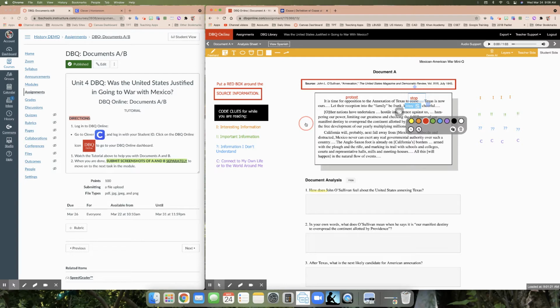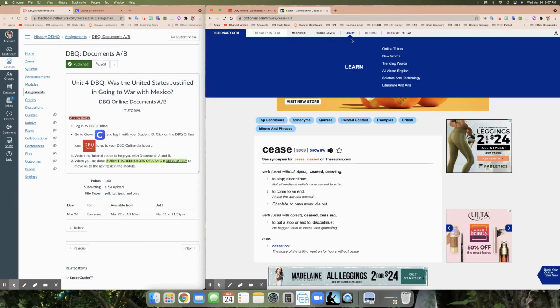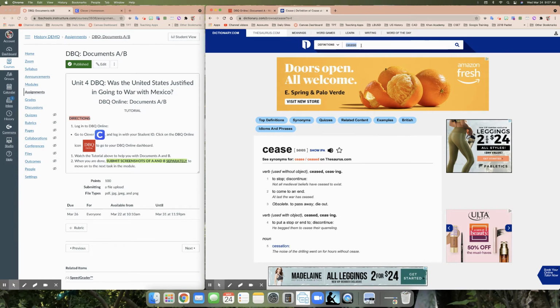So it is time for the protest to the annexation or adding of Texas to stop. Texas is now ours. Let their reception into the family be frank, kindly, and cheerful. So reception, let's say I don't know what that word means. So I'm going to go here.